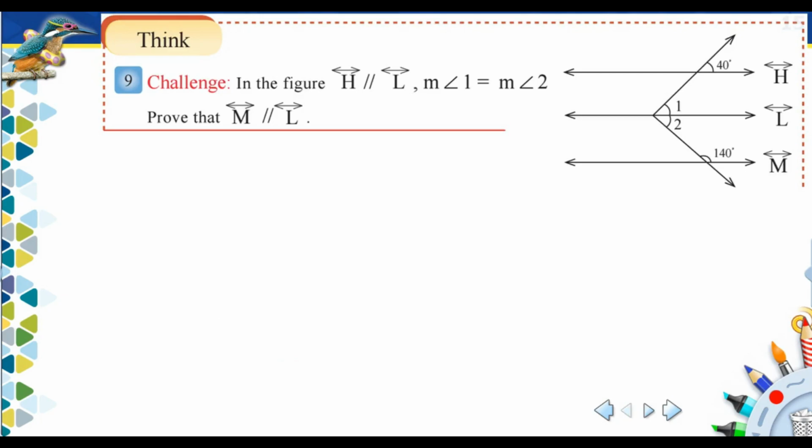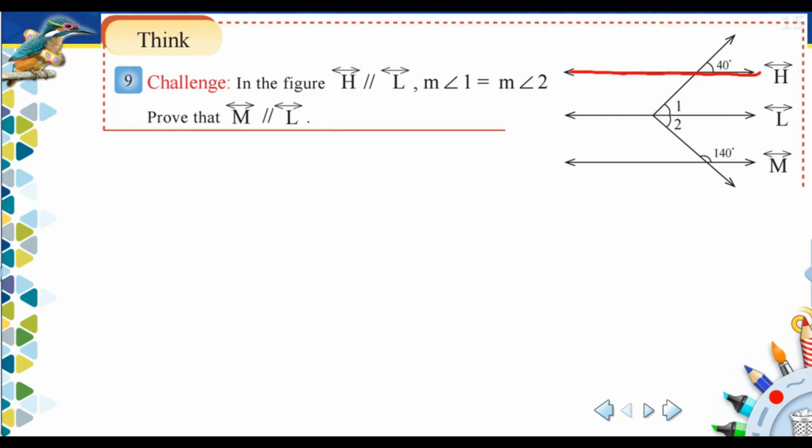Question from Think. Question 9. Challenge. In the figure, line H is parallel to line L, and measure of angle 1 equals measure of angle 2. Prove that line M is parallel to line H. Look at the figure.